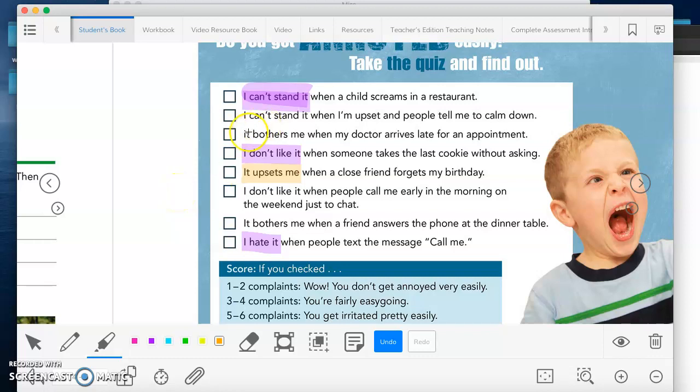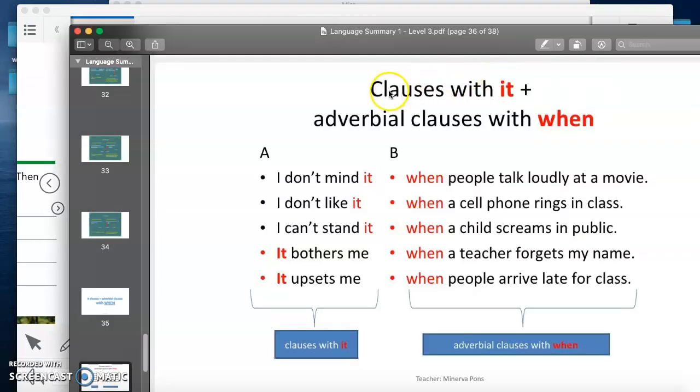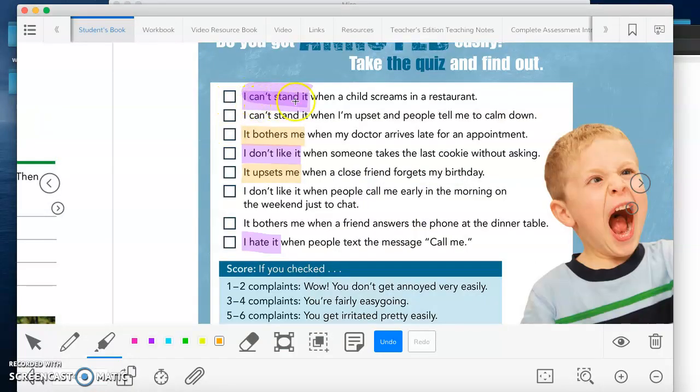It bothers me. Exactly. Very good. Okay. So this is what we have for clauses with it. The clauses with it are this type of sentences, this type of clauses that have an it. It can be at the end of the statement or it can be at the beginning. For the end, we have, for example, I can extend it, I don't like it.